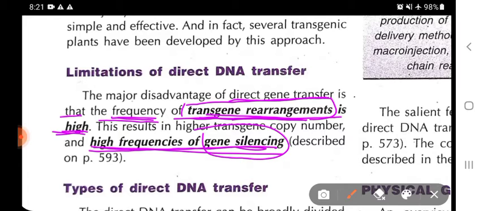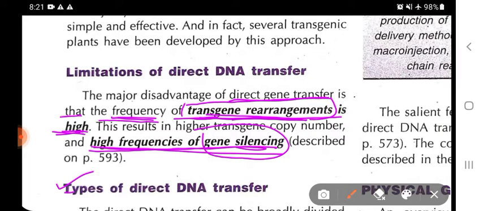Now, gene silencing can be done in many ways, there are many processes through which gene silencing is done. Now we are mainly focusing on direct gene transfer.